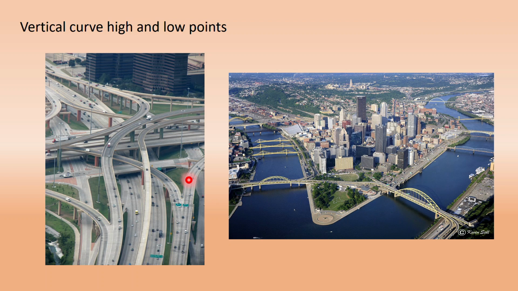And this picture on the left here is Houston, I believe, and it's neat to see all of this geometry come into play. Here we obviously have horizontal curves. I'm sure there are spirals built into these curves to facilitate the high speeds.